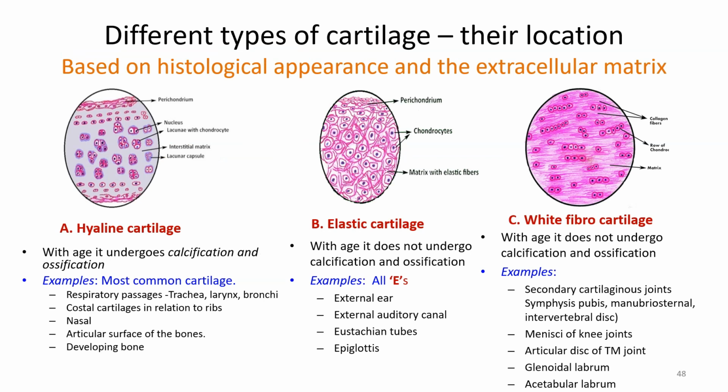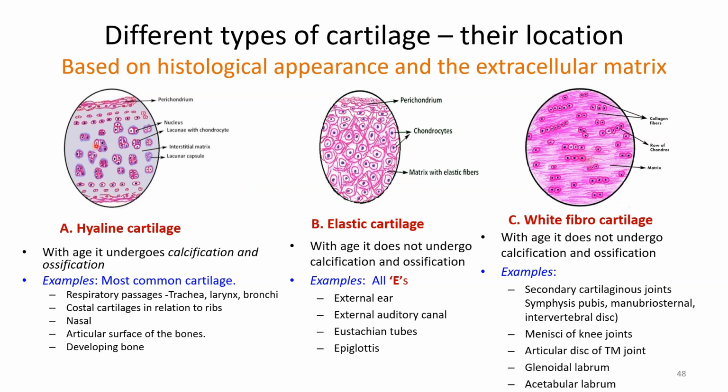Now, after learning about the cartilage, the different types of cartilage, the constituents and the structure of different types of cartilage, let us see what are all the points that will be of help in identifying these three cartilages in the histology lab.